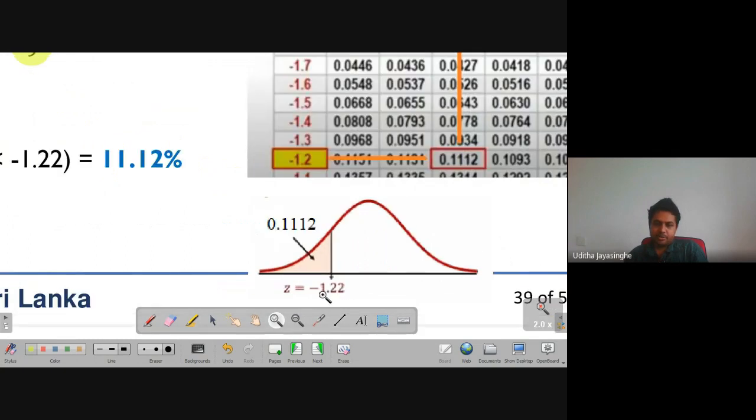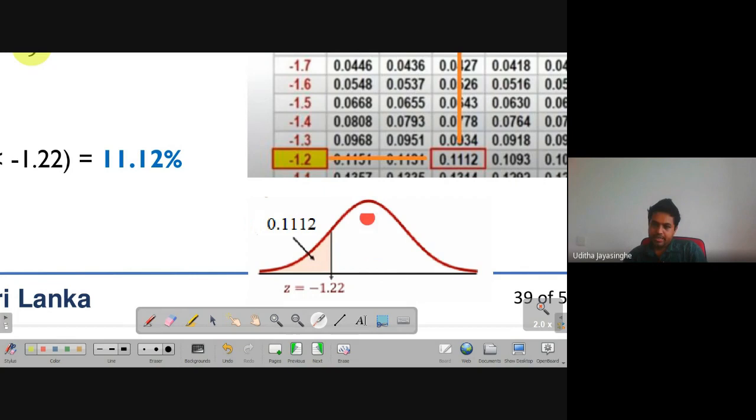So let me focus your attention here. This is the Z value, negative 1.22, and the area under the curve. Always remember, students, in this table there are no negative values. The table values are always positive. Why? Theoretically, an area cannot be negative. Keep in mind, there are no negative answers here, but the Z values can take both positive and negative values.